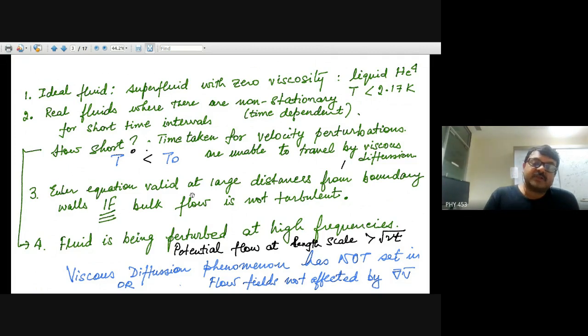The Euler equation is also valid at large distances from boundary walls if the bulk flow is not turbulent.